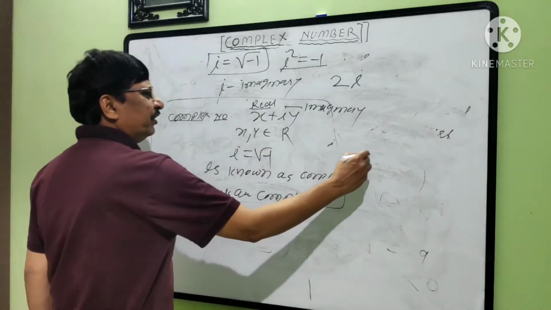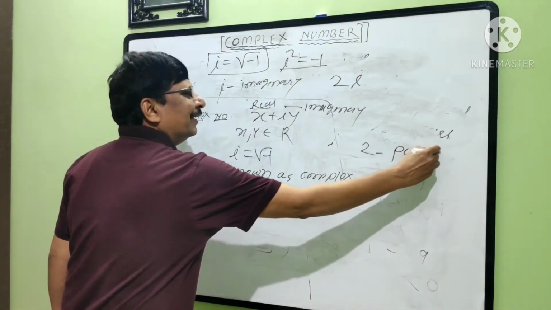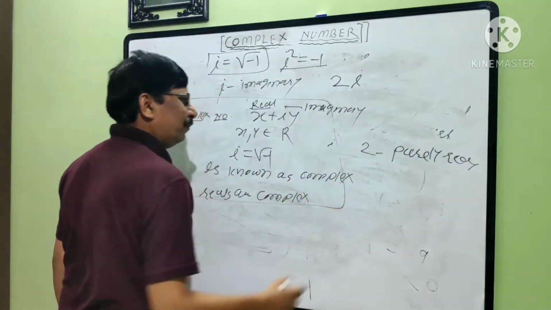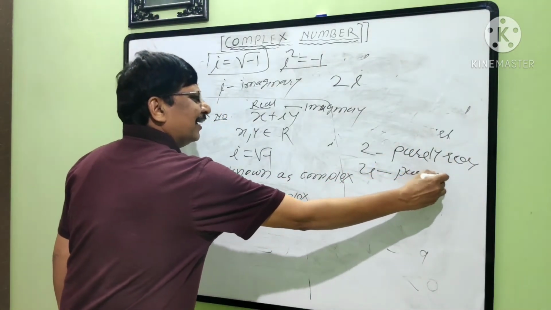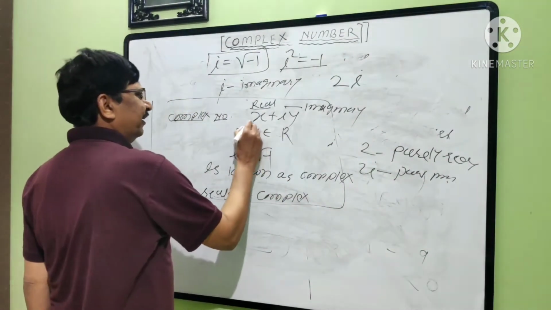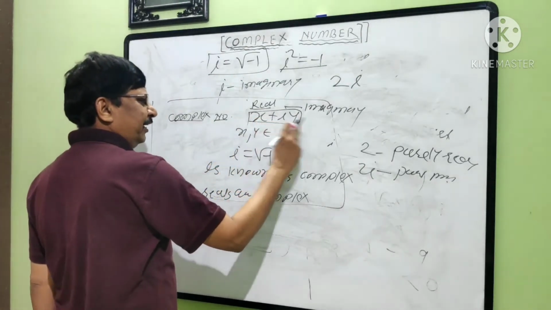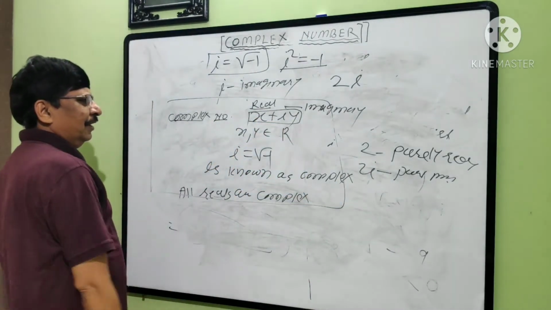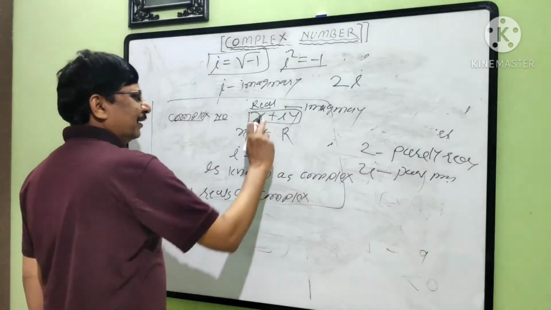Now suppose this type of number, 2, is purely real, but definitely it is a complex. 2i is purely imaginary, meaning the real part is absent. This type of number is also called a complex number. If the real part is absent, it is purely imaginary. If the imaginary part is absent, it is purely real.